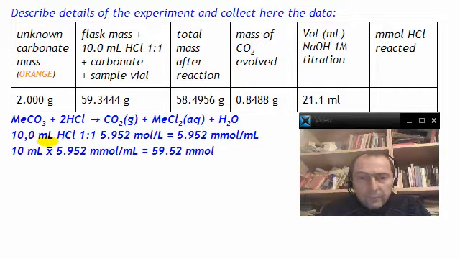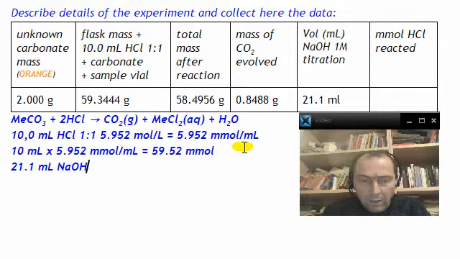Well, okay, now the amount of sodium hydroxide that was used for the titration was 21.1 milliliters of NaOH, exactly 1 molar, 1 mole per liter.